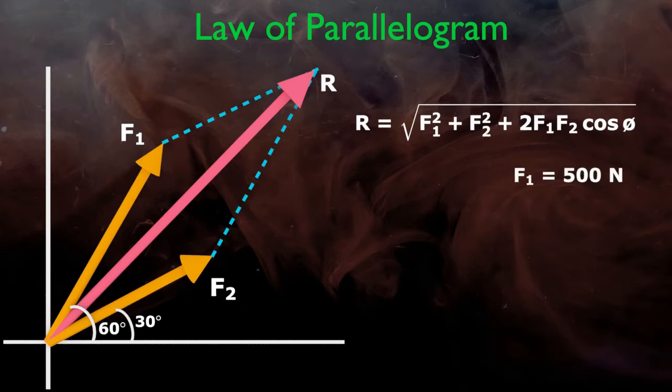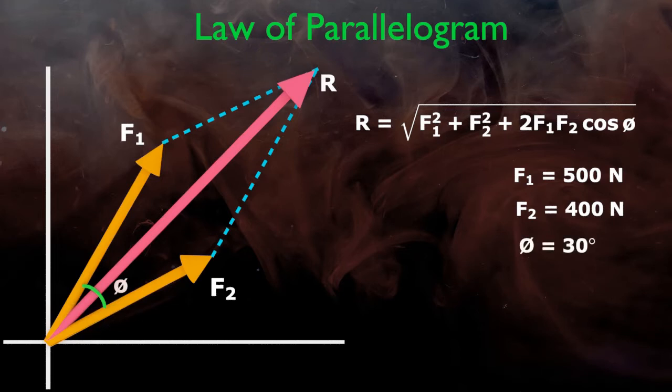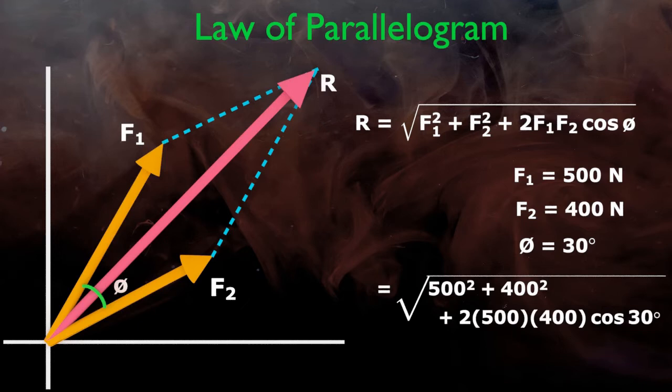Here F1 is 500 Newton, F2 is 400 Newton and angle phi is 60 degree minus 30 degree equals 30 degree. Put all values in the equation and we get the magnitude of the resultant force equals 869.72 Newton.